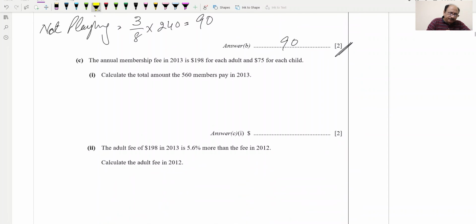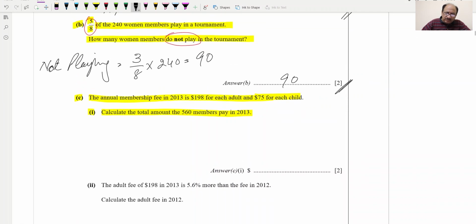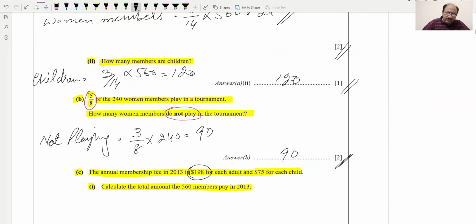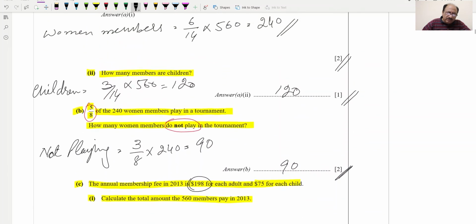Now part C says the annual membership fee in 2013 is $198 for each adult and $75 for each child. Part i, calculate the total amount the 560 members pay in 2013. $198 is the fee for an adult, and how many are adults?